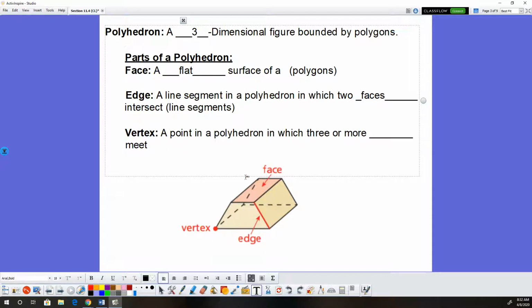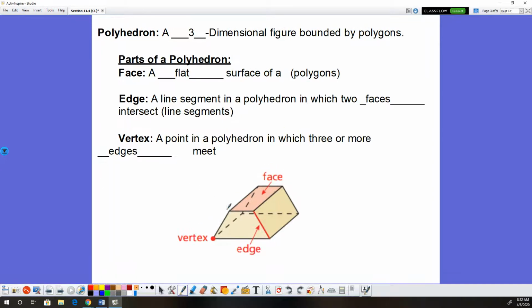Okay, now a vertex would be any point on a polyhedron where three or more faces come together. Or faces or edges, really. Let's do edges just because it'd be a little easier. Three or more edges meet. So right here would be a vertex. This point here would be a vertex.